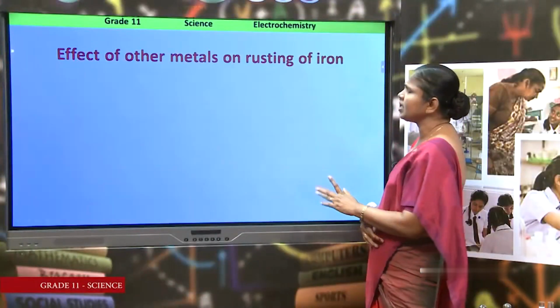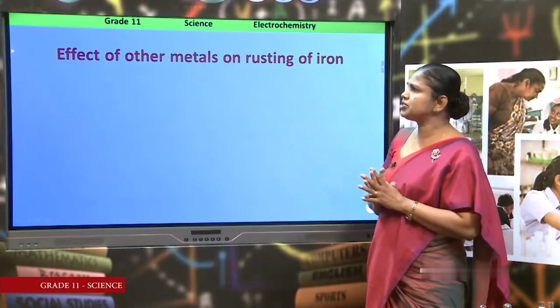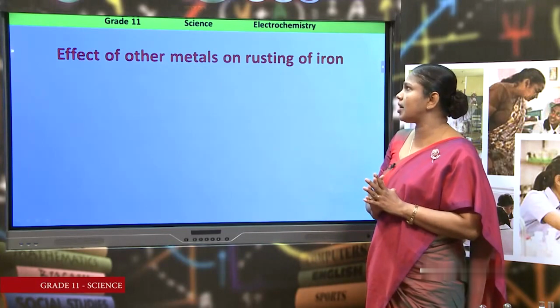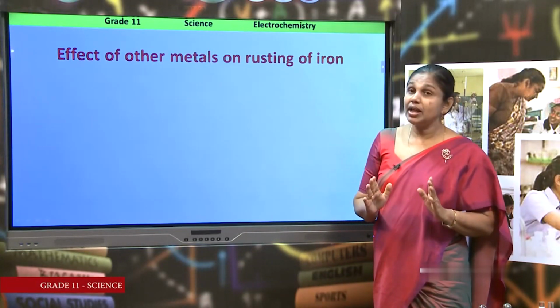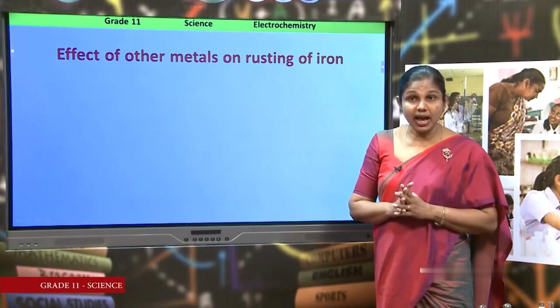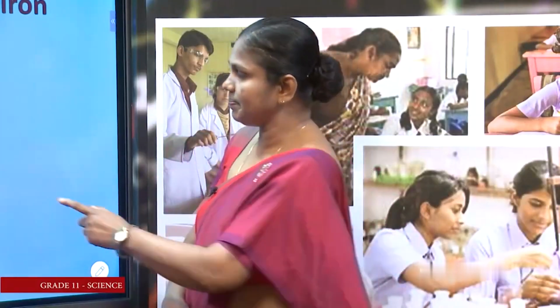Okay. Then let me explain the effect of other metals on the rusting of iron. Now we are going to learn the effect of other metals on rusting of iron. Right. Look at this picture, children.